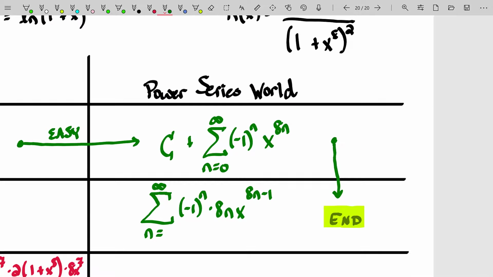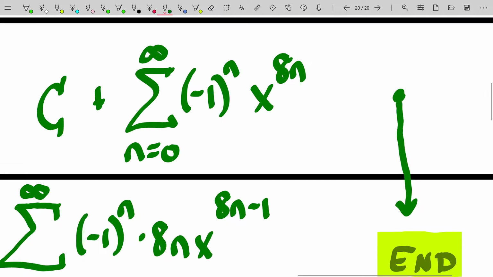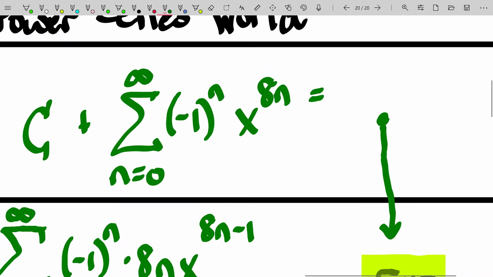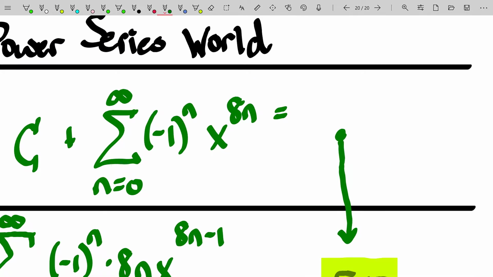Now here's the deal. Something I tell my students is that you need to double check to make sure that you don't need to reindex this right here. When n is 0, you'll see the very first term in this series is actually 1 times x to the 0th, or 1, and then plus some other terms in line. When n is equal to 1, it's negative x to the 8th, and then plus x to the 16th, and so on and so forth.